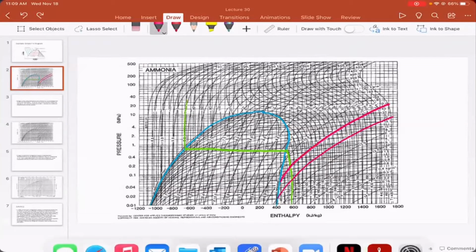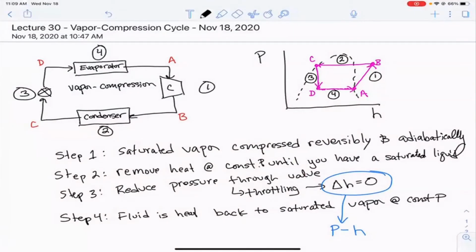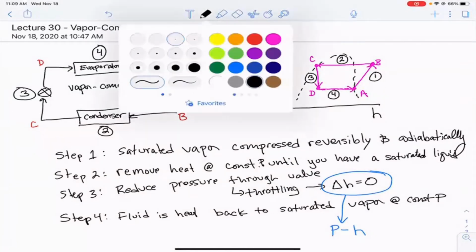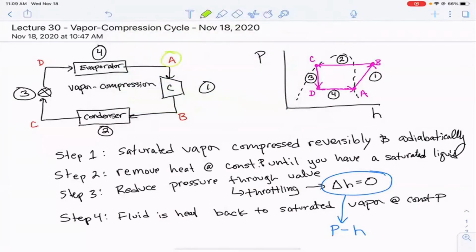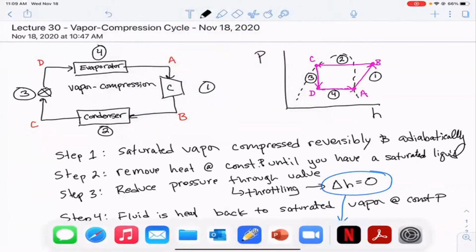So just like we talked about in the Rankine cycle, to evaluate this process, we're going to try to determine the enthalpy at each one of these locations. And fortunately, we have a diagram that we are going to be able to use to do that directly, right? The pH diagram has the enthalpy right on its x-axis, okay?